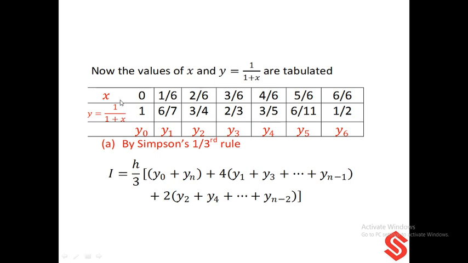So x has the value 0, that is x0 is 0, x1 is x0 plus h, that is 1 by 6, 0 plus 1 by 6 is 1 by 6.